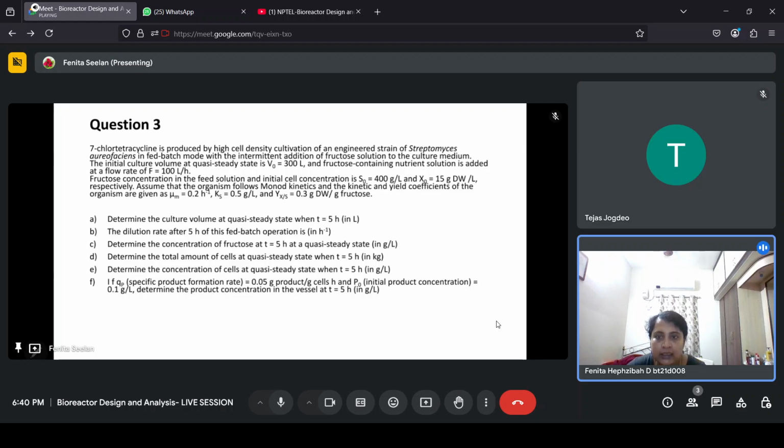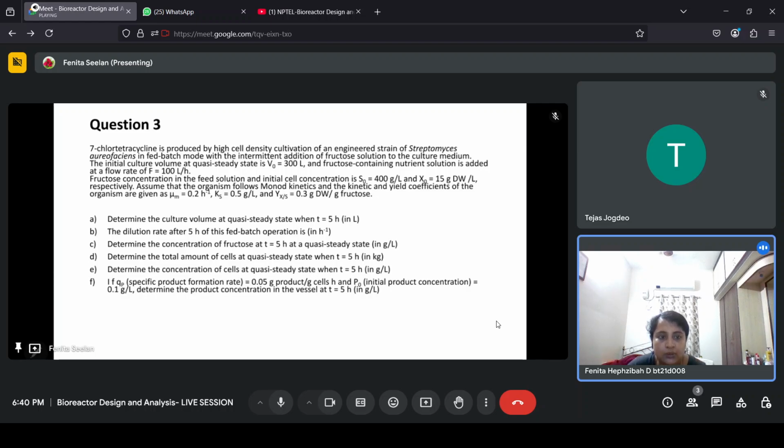The fructose concentration in the feed solution is S0 equal to 400 grams per liter, and the initial cell concentration X0 is given as 15 gram dry weight per liter. Assume that the organism follows Monod kinetics, and the kinetics and yield coefficients are also given: mu max is 0.2 per hour, Ks is 0.5 gram per liter, and the yield with respect to fructose, the substrate, is 0.3 gram dry weight per gram of fructose.